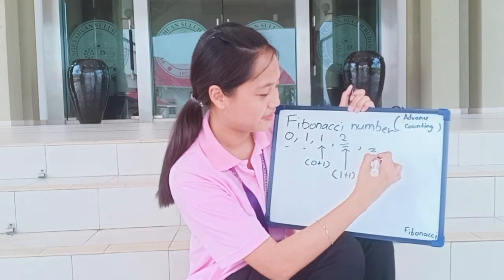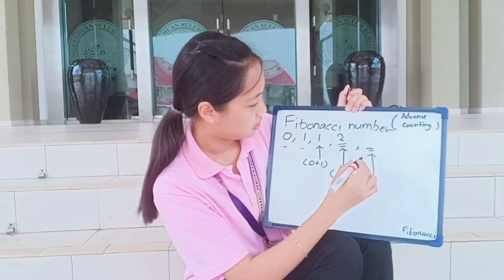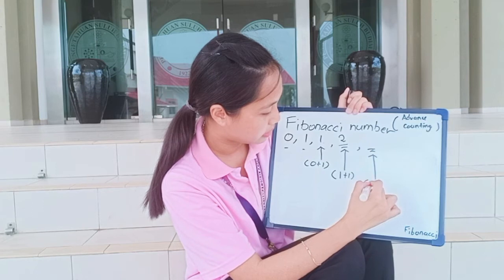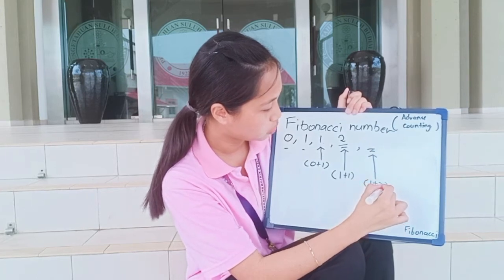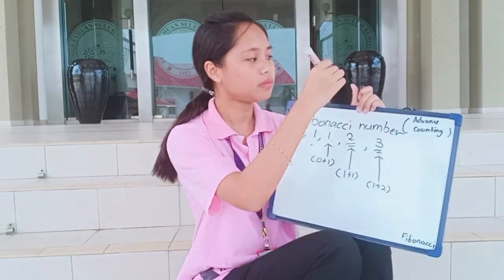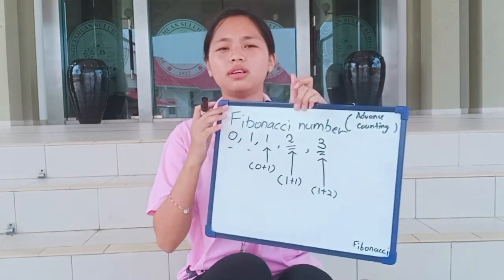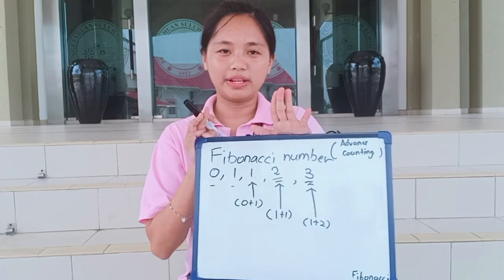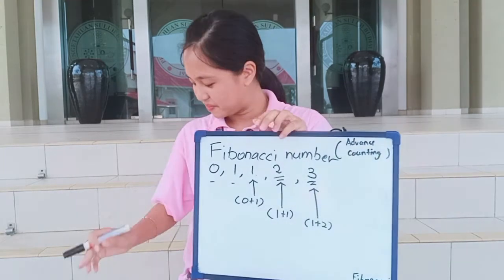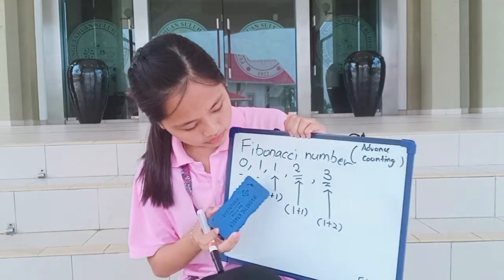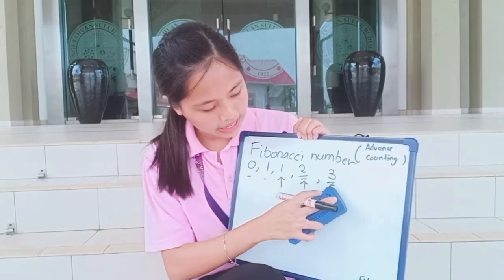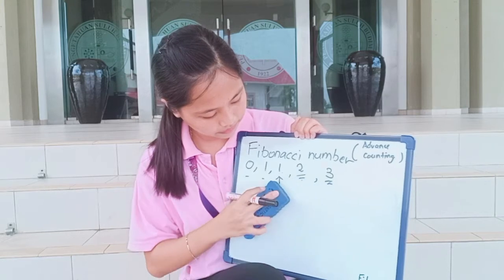Do it again for the next one: add up the previous two numbers, 1 plus 2 equals 3. So this is really a small topic about the Fibonacci numbers. Easy, right? Now I'm going to give you an example of how to apply the Fibonacci numbers.